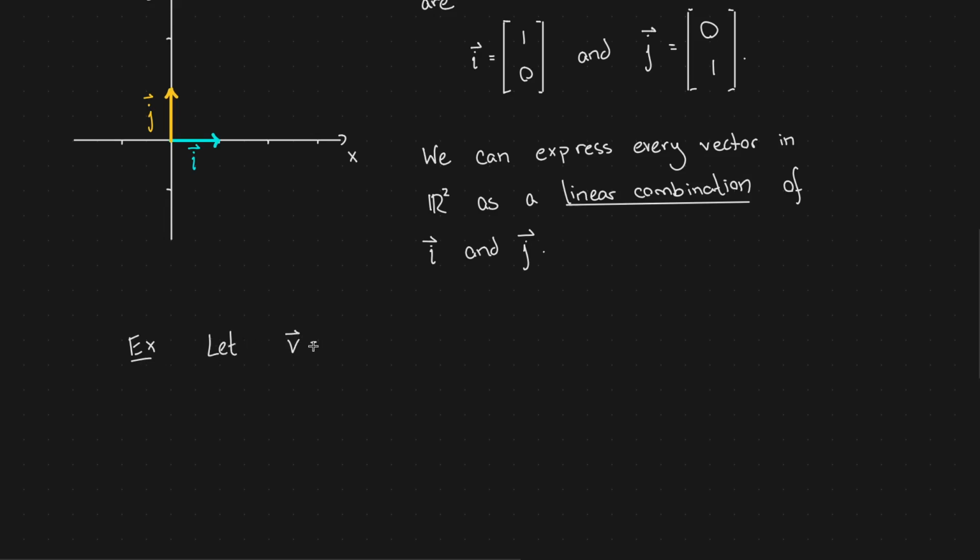Let vector v be the vector 3, 4 in R2. Then we can use our vector arithmetic to express v in a different way.